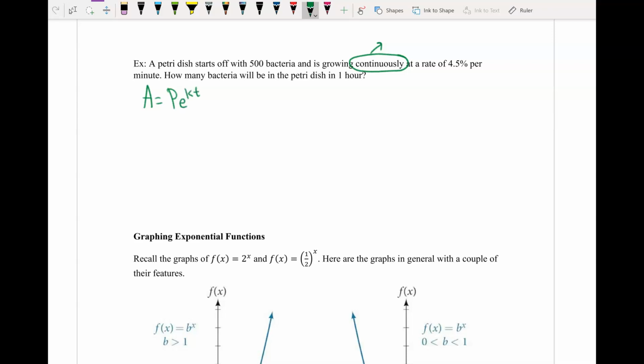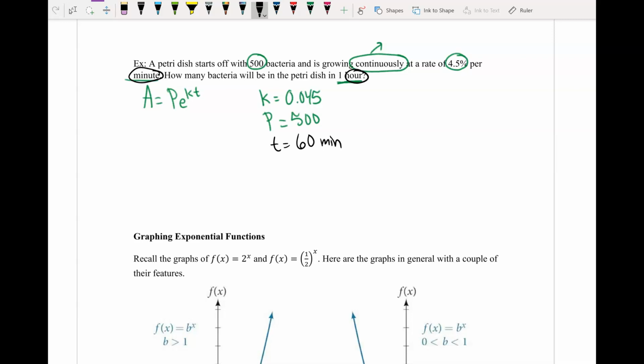My growth rate is 4.5% per minute, so k is going to be 0.045. I start off with 500 bacteria, so P, the initial amount, is 500. We want to know how many bacteria will be in 1 hour. Be very careful with the units, because this was minutes and now it's hours. An easy way to do it is that in 1 hour there are 60 minutes, so I'm just going to write 60 minutes here.